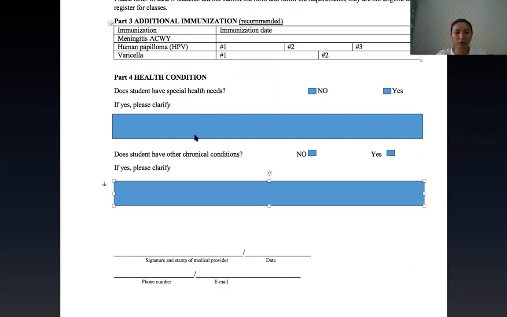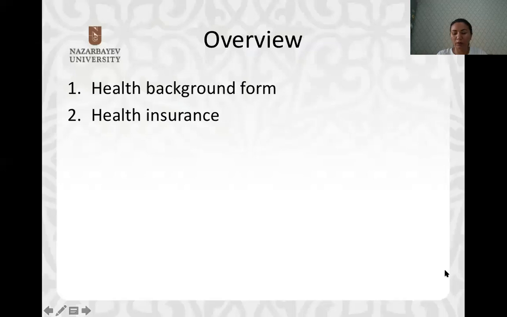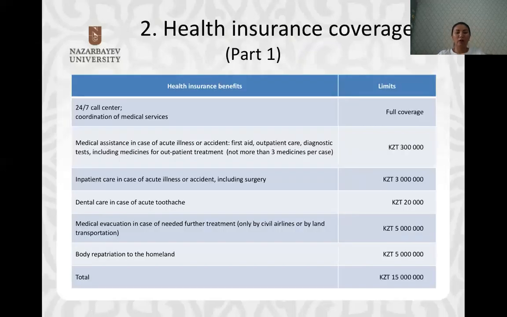Okay, let's go to the presentation then. Nazarbayev University developed the basic health insurance coverage for international students, and all international students who are grant holders are covered for free.